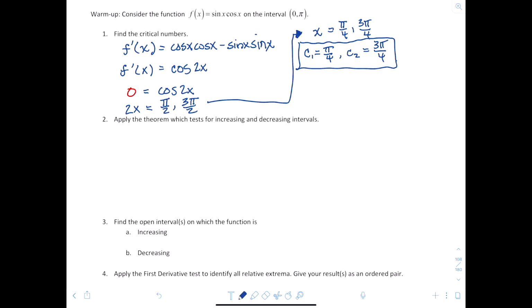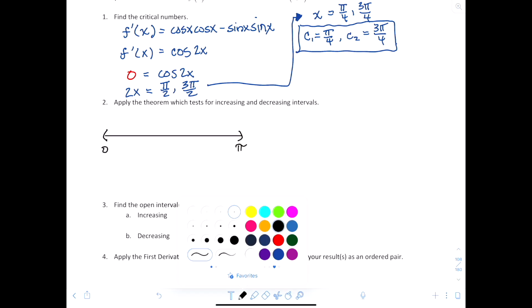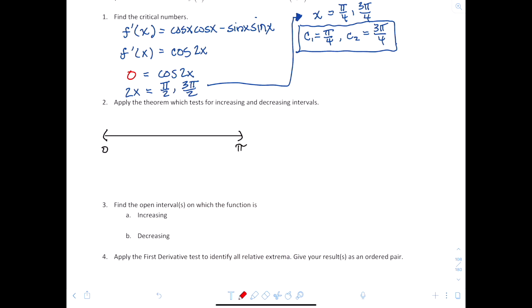Now, apply the theorem which tests for increasing and decreasing intervals. So basically, if we make our sign chart, and on this one, we're going to have open intervals on the end from 0 to pi. And our critical numbers are going to be about here and here.